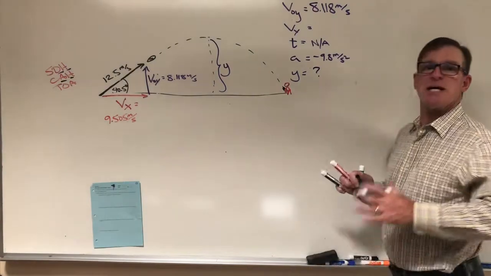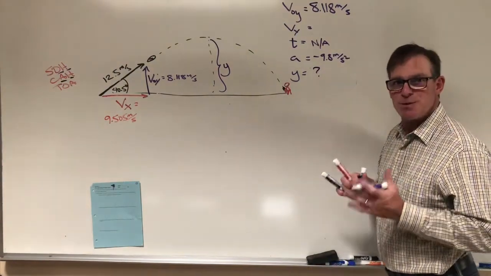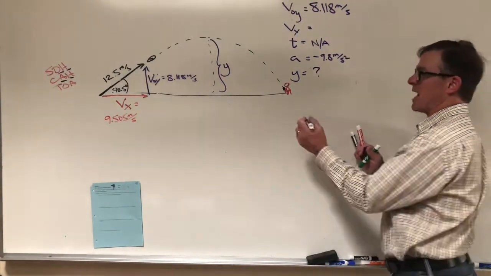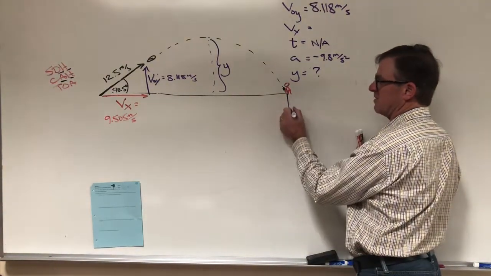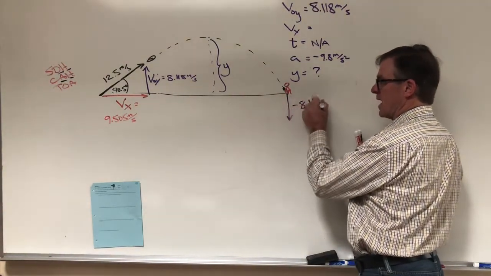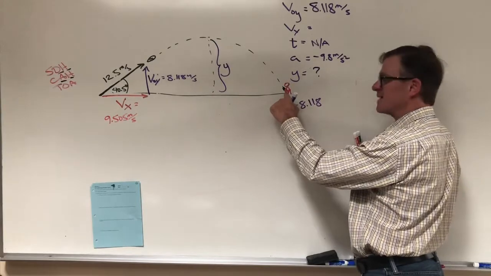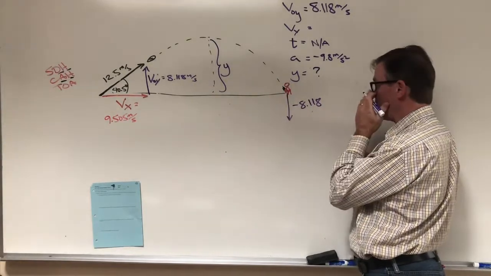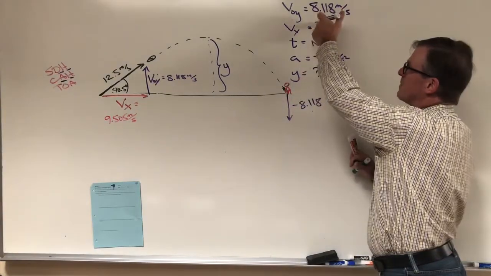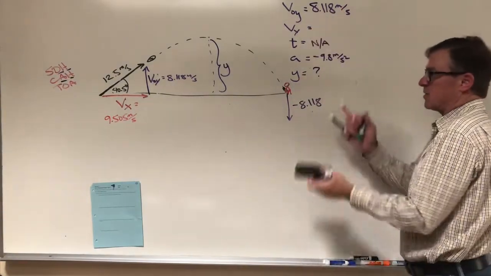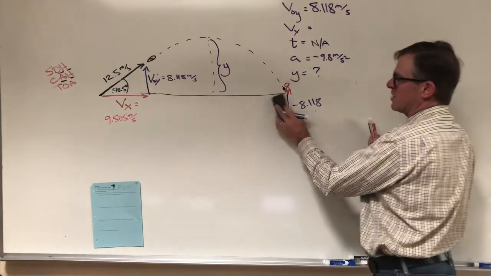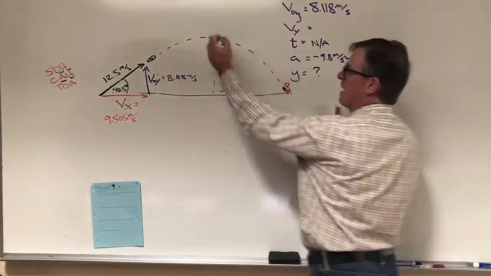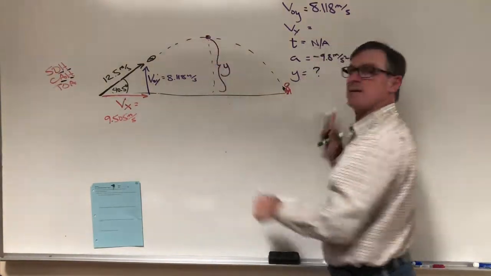If you do, you actually get zero displacement, 0 meters, because where is it when it has a vertical velocity of negative 8.118? Well, it's right here. That's when it has a vertical velocity of negative 8.118. And so if you put in negative 8.118, you'll get the truth. You put the truth in, you get the truth out, but that's not the truth we want. The truth about the final velocity here is that it's 0.